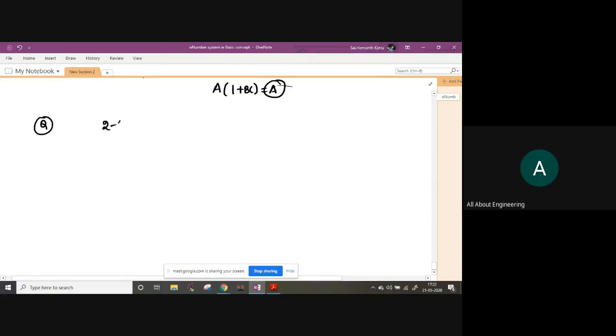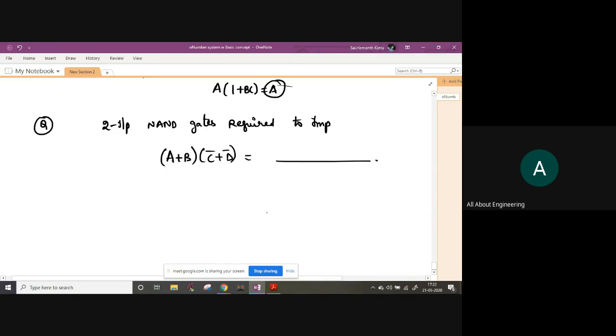Minimum number of 2 input NAND gates required to implement A plus B and C bar plus D bar. So you try to answer this question.